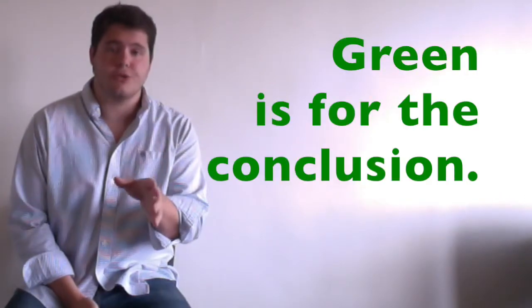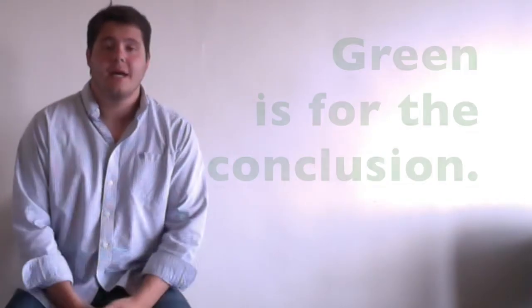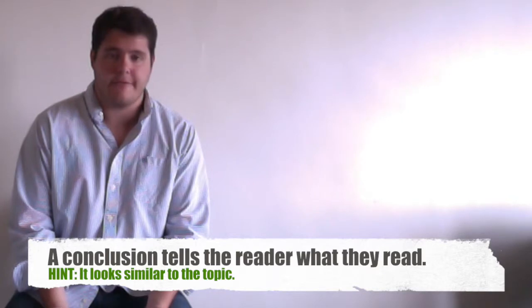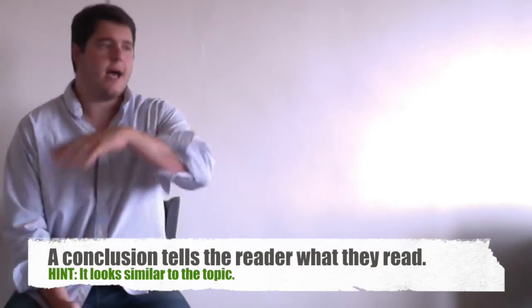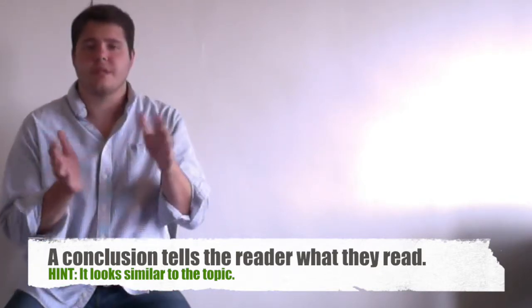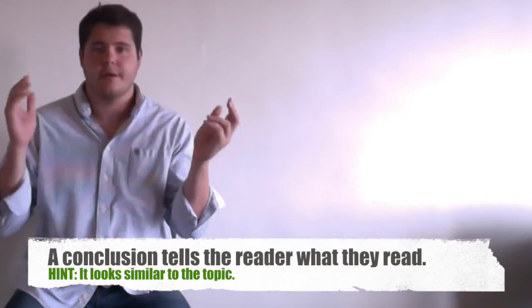Finally, when you've written 2 or 3 details and those explanations, your last thing is going to be green again. Why? Because that's your conclusion. What's a conclusion? It's the last sentence of your paragraph. And that's going to tell me pretty much what the topic said.